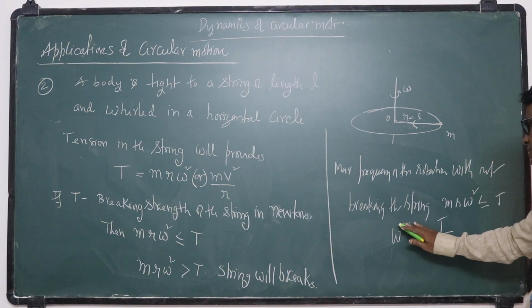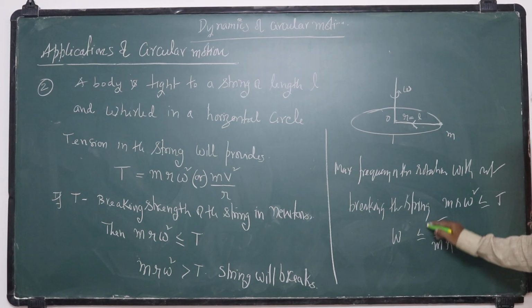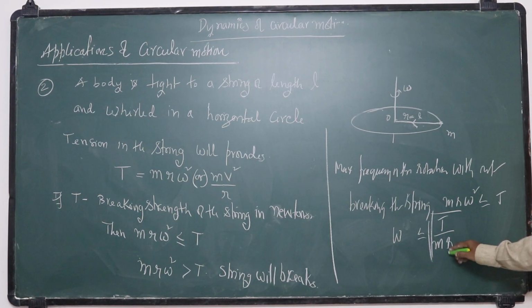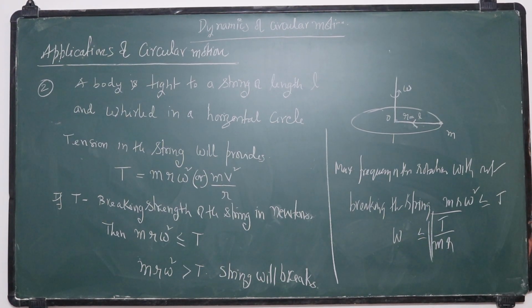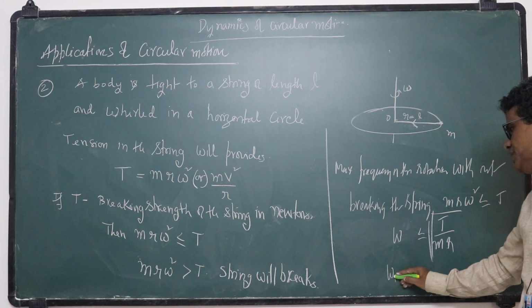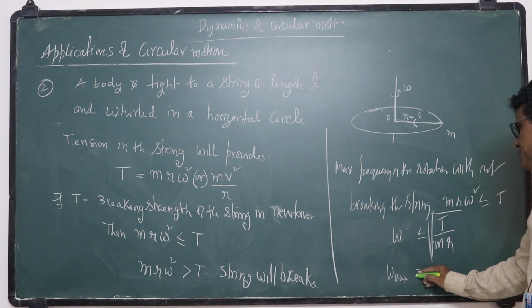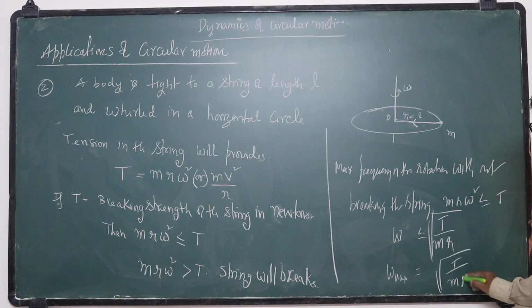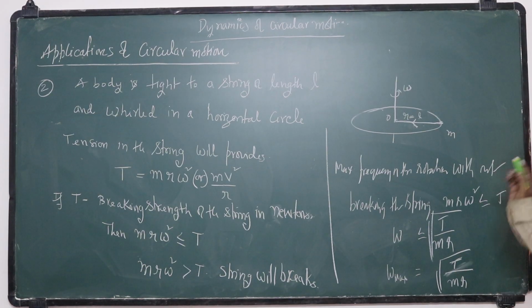So angular frequency omega should be less than or equal to T by m r. This is the maximum frequency of rotation. So its maximum value is square root of T by m r, where T is the breaking strength of the string.